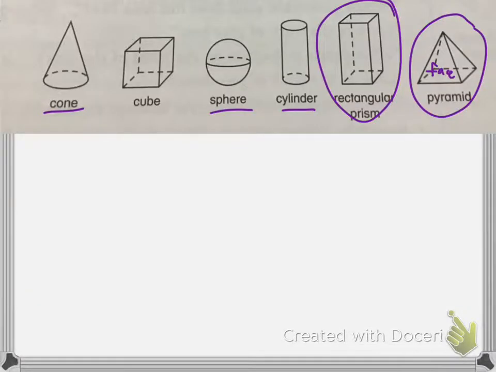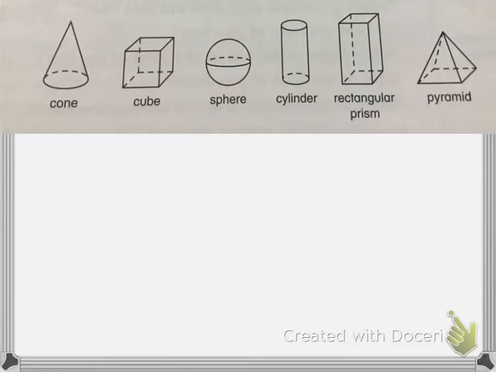So as you can see here, the shapes that have vertexes are: my cone has one, the cubes have lots of vertexes, rectangular prisms have them, and so do pyramids.